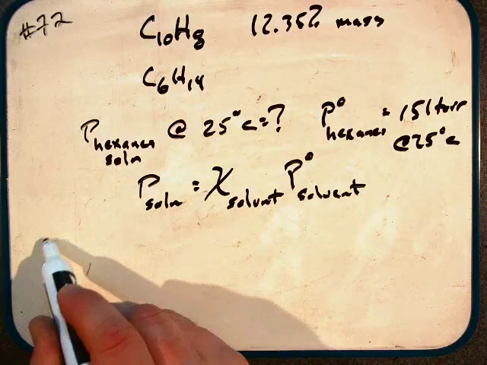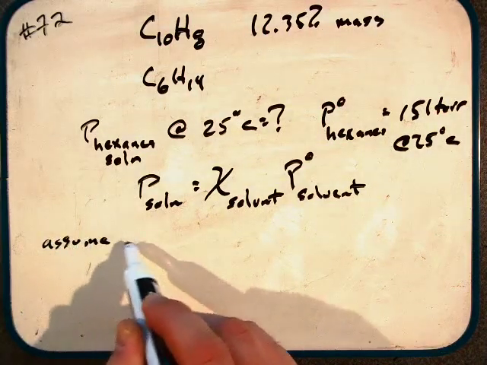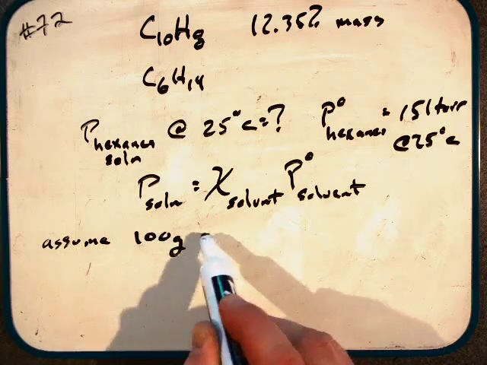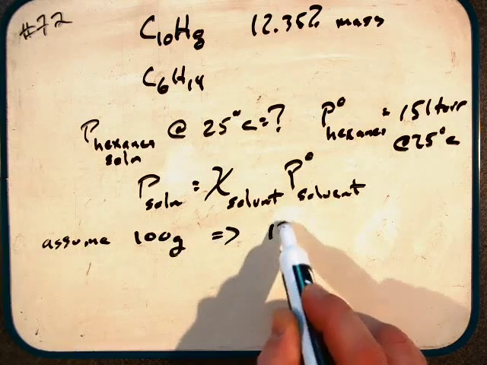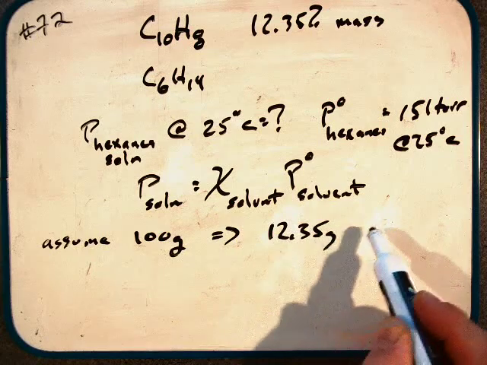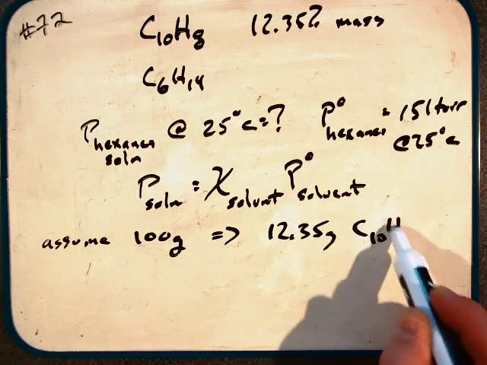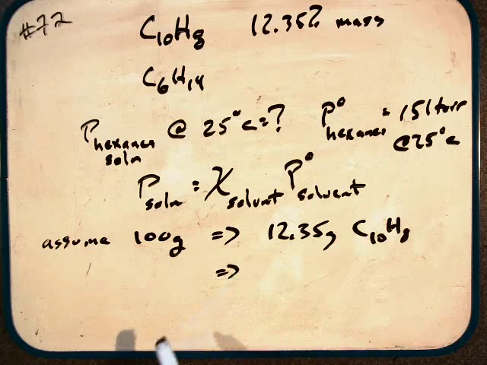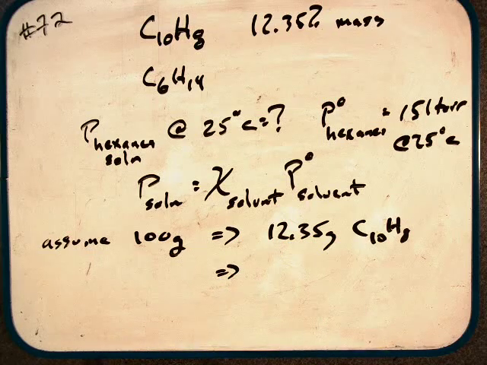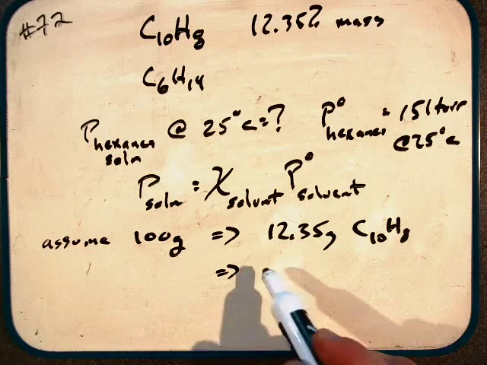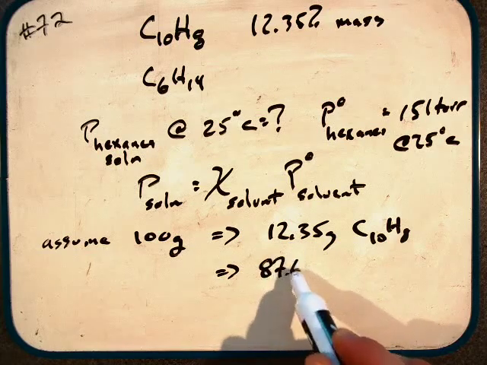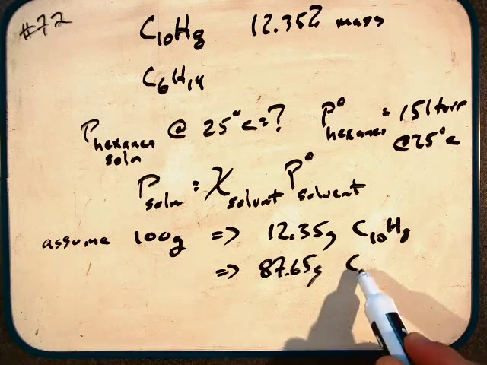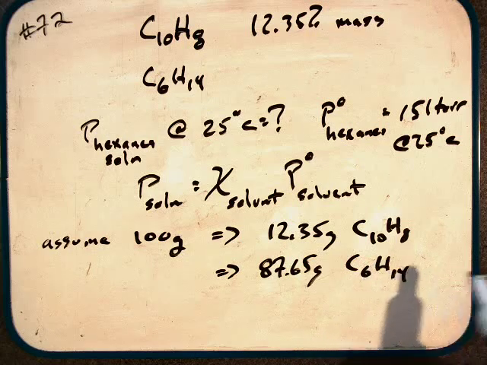So if we assume 100 grams, that means we would have 12.35 grams of the naphthalene. And then that would also mean that we would have 87.65 grams of the hexanes. Right?